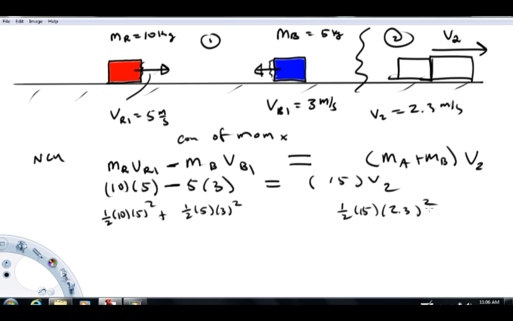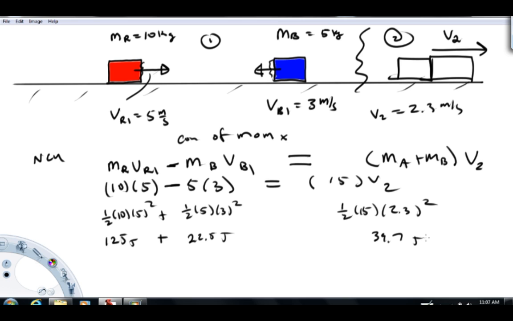So if we go through and calculate the kinetic energy of the system here, I get 125 joules for this term, 22.5 joules for this term. Again, the total is the sum of the two. And the final kinetic energy over here came out to be right around 39.7 joules.